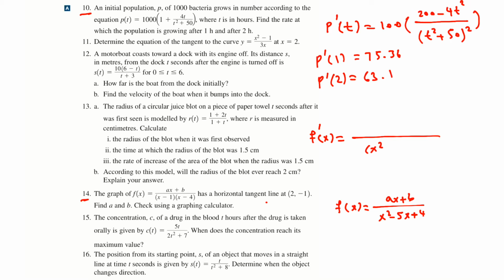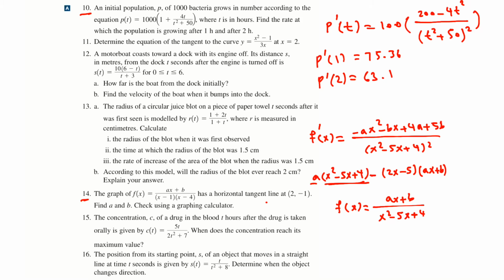The derivative can be simplified as negative ax squared minus 2bx plus 4a plus 5b, which is the simplified form of a times x squared minus 5x plus 4 minus 2x minus 5 times ax plus b. Derivative of numerator times denominator itself minus derivative of denominator times numerator itself.